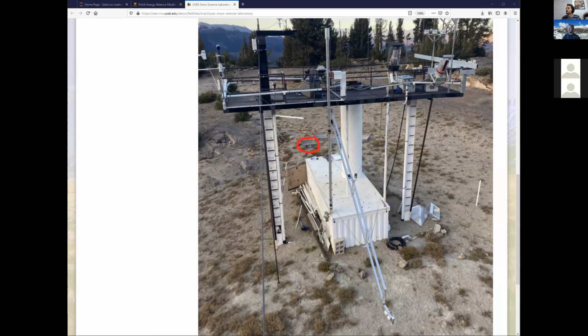We also have at our site these LiDARs. This is a way we can measure the surface of the snow at really high resolution, the topography of the snow, see how deep it is, and see how it varies over time. Another cool instrument is this over here, called a Parsivel, which is a band of laser beams that, as snowflakes fall, measures each individual snowflake.